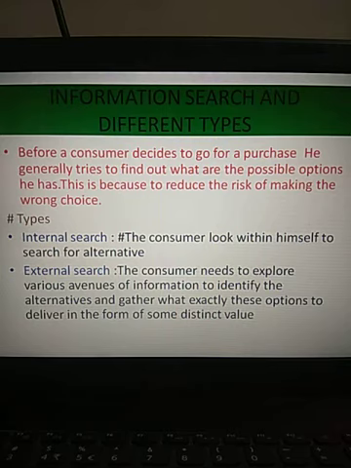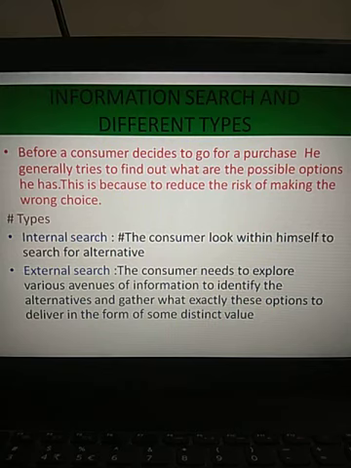In external search, the consumer needs to explore various avenues of information to identify the alternatives and gather what exactly these options deliver in the form of some distinct value. Costly products and costly critical business activities fall here.